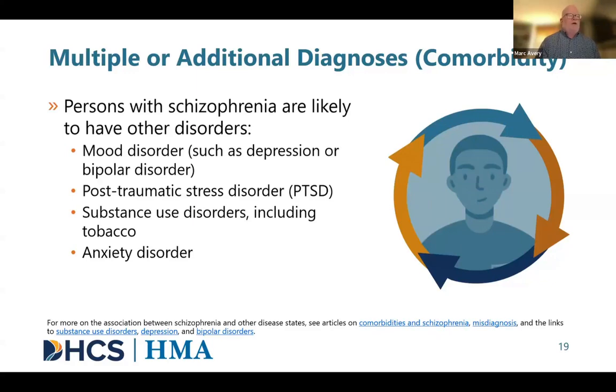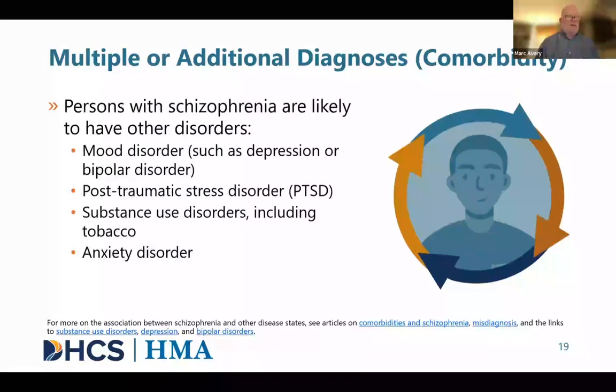But I'd also like to reinforce a point I made earlier, in that I'd like to distinguish between having multiple correct diagnoses versus the risk of accumulating one or more incorrect diagnoses.